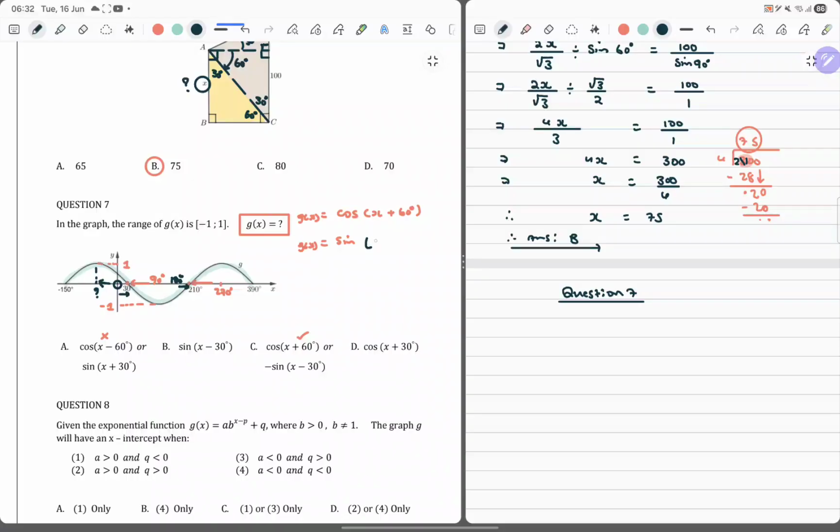So we know that here we've got x. To the right, we subtract 30 degrees. That's the first thing. But now what is this? We know, folks, that for a sine graph, the one thing for sure is that in the first quadrant, from 30 to 90, we expect this graph to be positive. Now it's negative. So this means this is a vertical reflection of the graph, or a reflection about the x-axis.